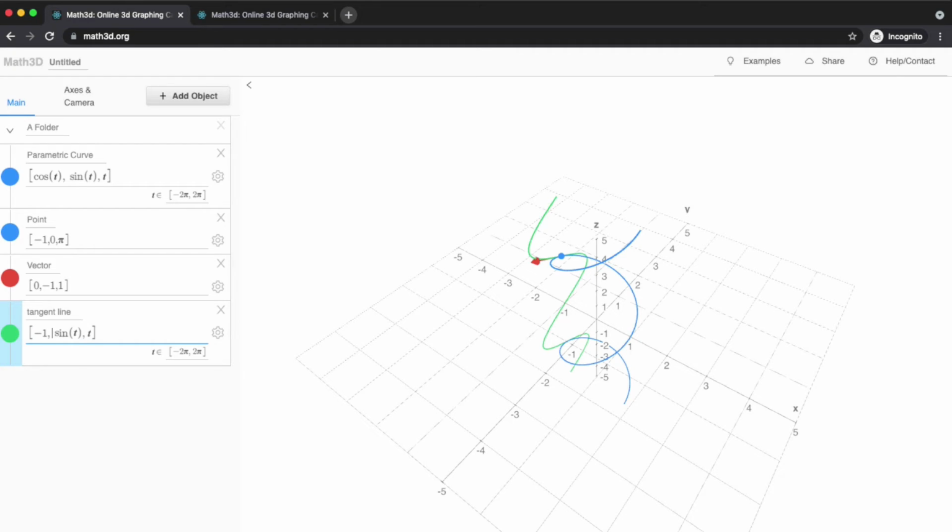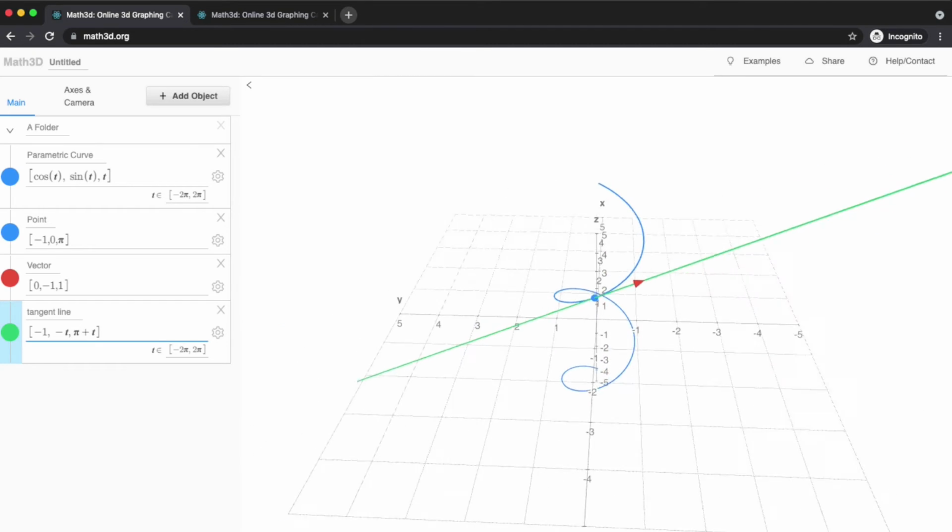First component was -1. Second component was -t. Third component is pi, so I'm just typing pi, and it auto recognizes that it's the Greek symbol pi and inserts it in place, and so that's pi plus t. So there's our tangent line.